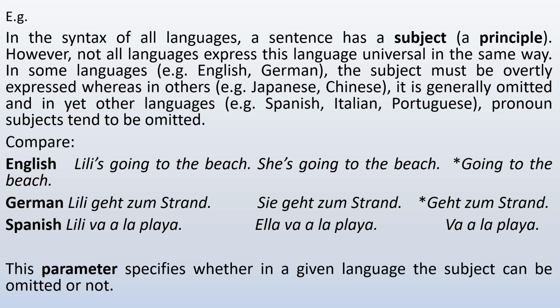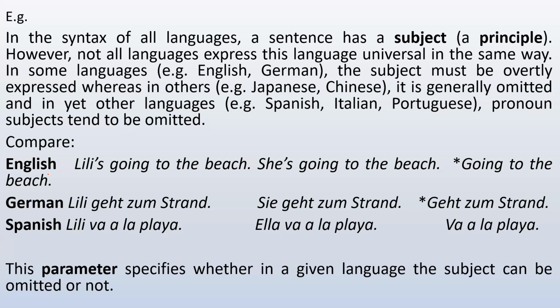Now, can you see three different ways of using the subject in a sentence are given here in this paragraph? Overtly using the subject, omitting the subject, and pronoun subjects being omitted, right? Like that.